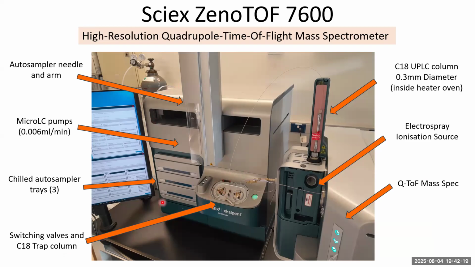And then this box has got the micro LC pumps that pump at 6 microliters a minute, get our solvent gradients to bump the peptides off the trap and through this tube onto our C18 column, which is housed inside this column heater at 50 degrees. And the base of this column is actually screwed directly into the end of the electrode inside this ionization source on the front of the mass spec. And from there, our peptides are ionized and can get pulled into the vacuum system of the QTOF mass spec, which is off to the right here.